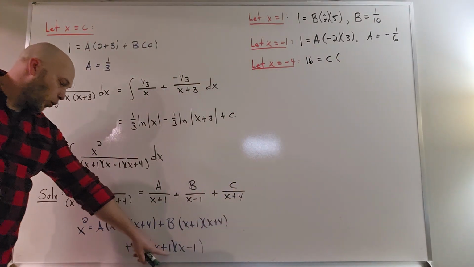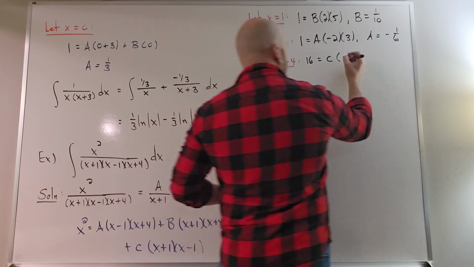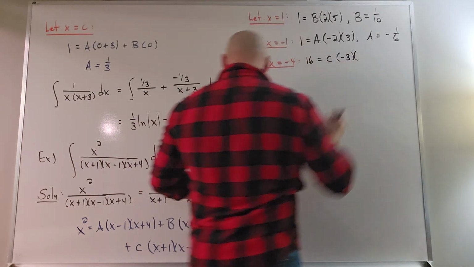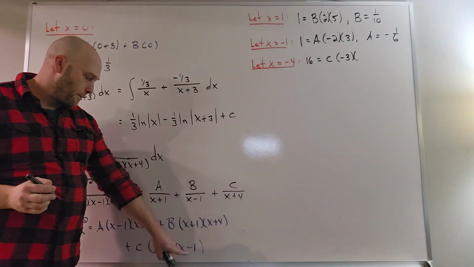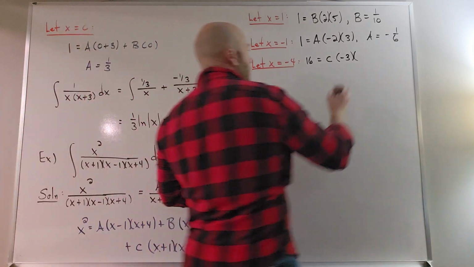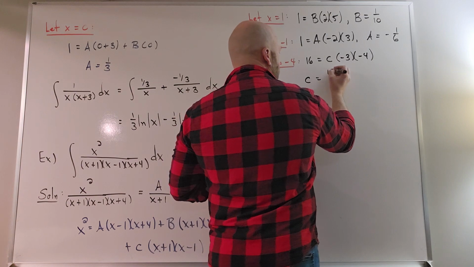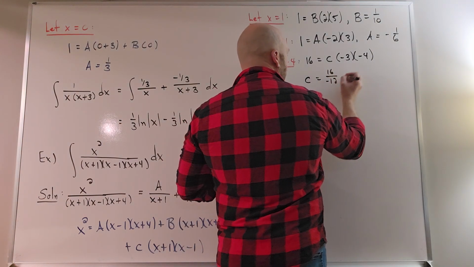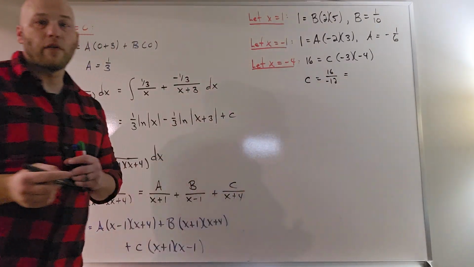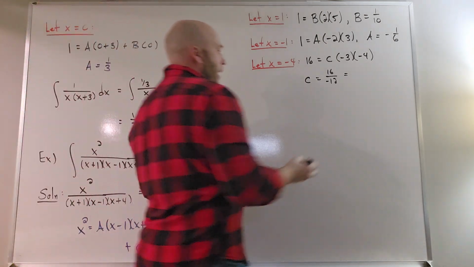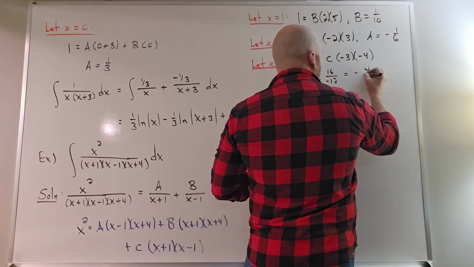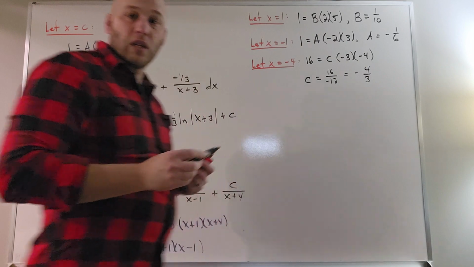Negative 4 plus 1 would be negative 3. Negative 4 minus 1 would be negative 5. Giving me C would be 16 over negative 12. Both of those have a factor of 4, so we can cancel that, giving negative 4/3 for the value of C.